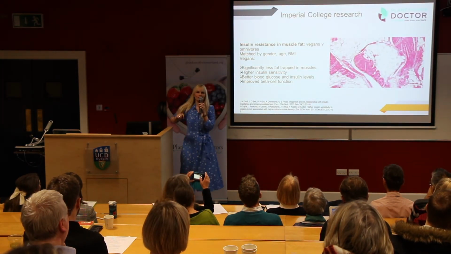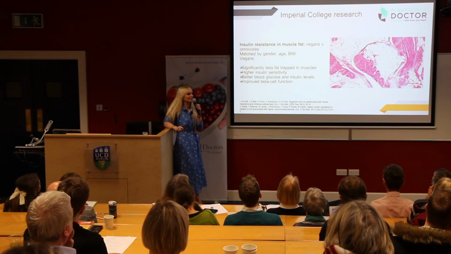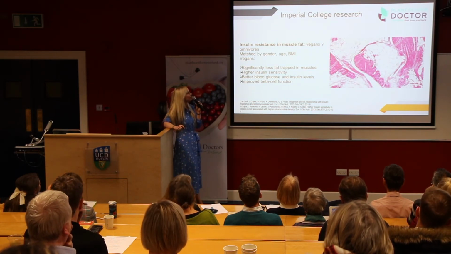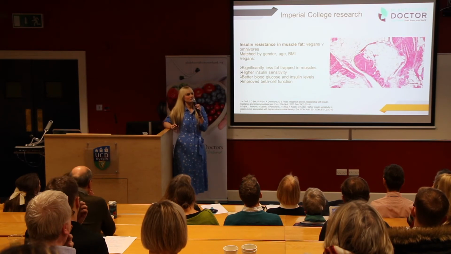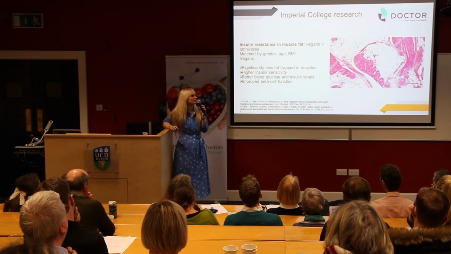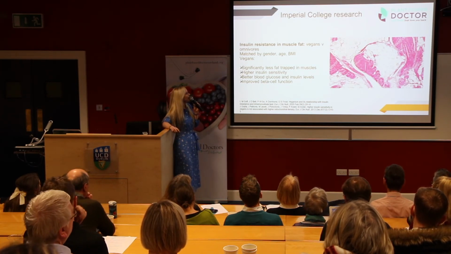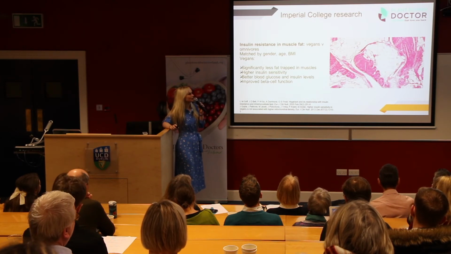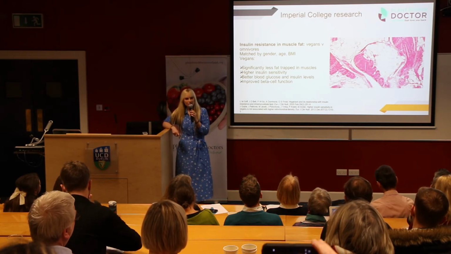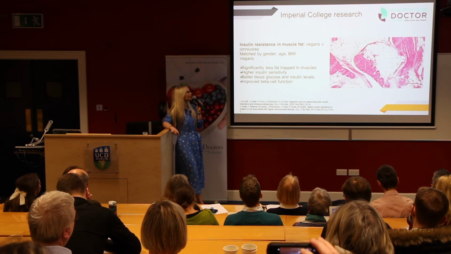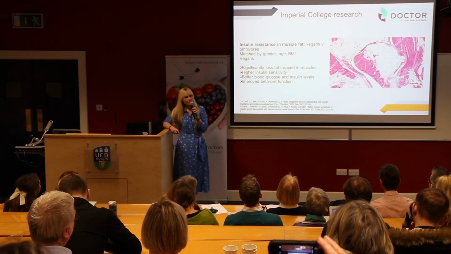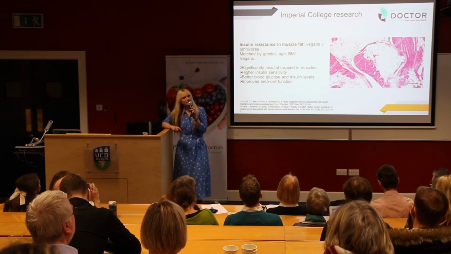There. So this is some research to back up what I was just saying to you guys. Imperial College decided to look at vegans versus omnivores and check out their muscle to see how their muscle worked. These are people matched by age, gender, and BMI, so they were the same weight, the same age, the same sex.